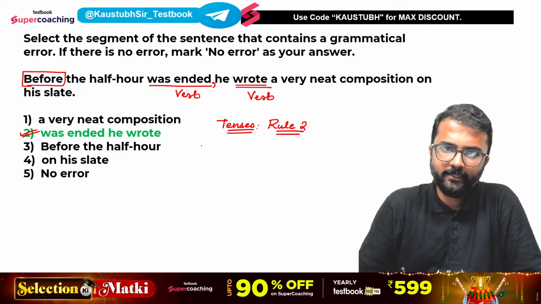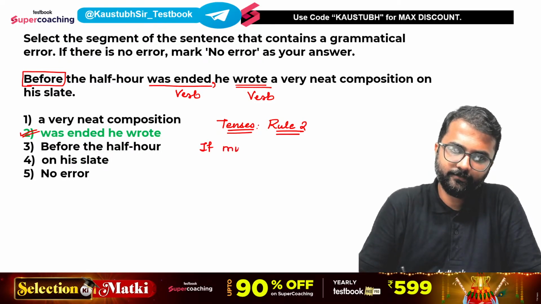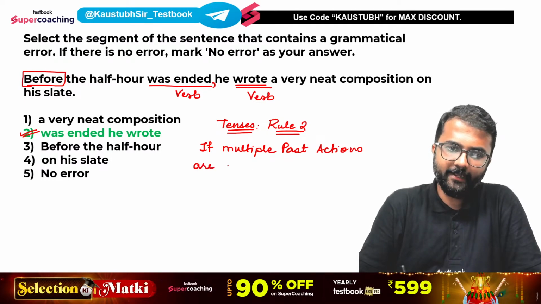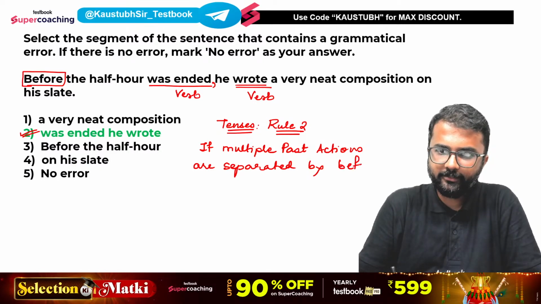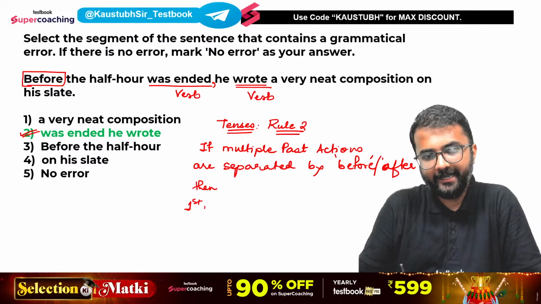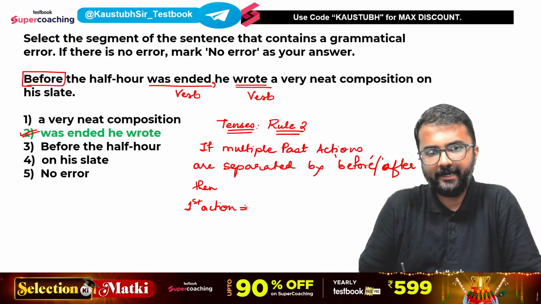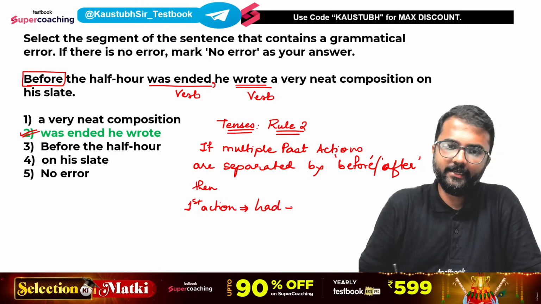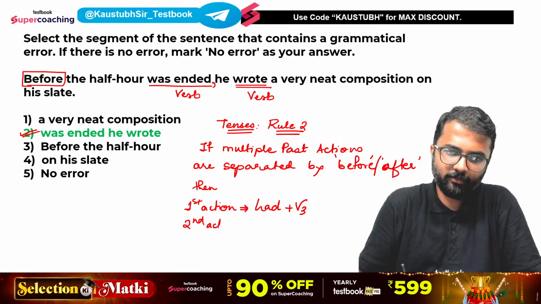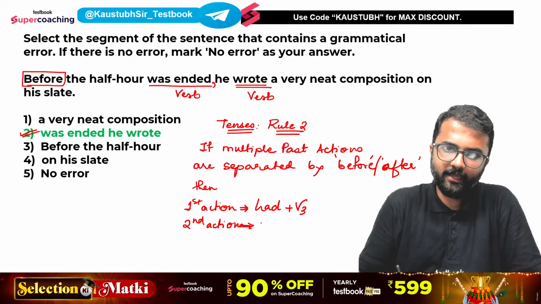In this rule we say that if there are multiple past actions, meaning 2 or more than 2 past actions, separated by words like before and after, then the first action that takes place on the timeline is written in had plus V3 or past perfect tense, and the second action, the third action and the fourth action, all the remaining actions, are written in simple past tense.